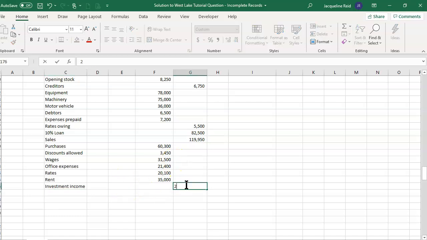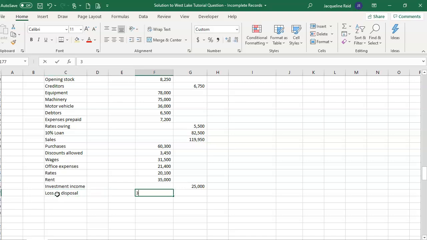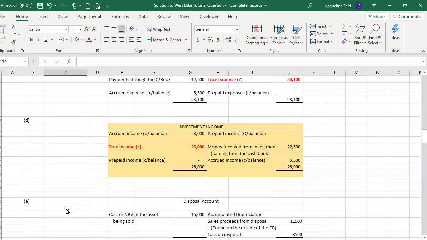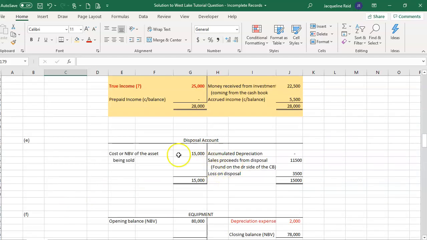It's income, so it's going to be under the credit column. Now, there was a loss on disposal for the machinery, and that loss, if I remember, was $3,500. Okay, so we had worked it out here, and this is a little figure that we're picking up to put in the trial balance.